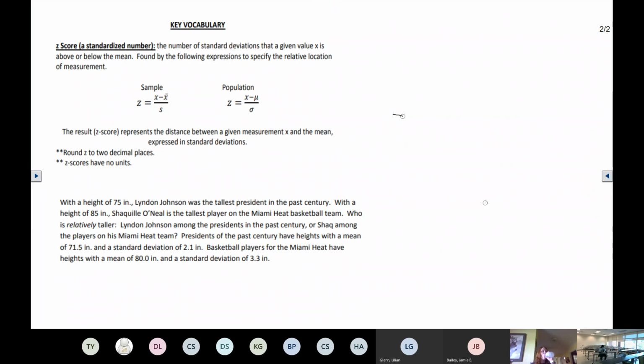So C for LBJ. Y'all have to excuse me, these are new styluses and I'm not used to them. They're fancy.